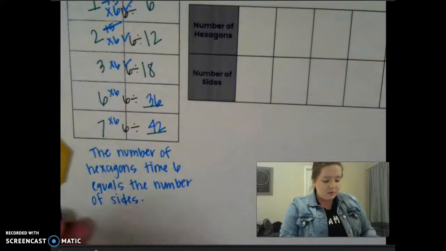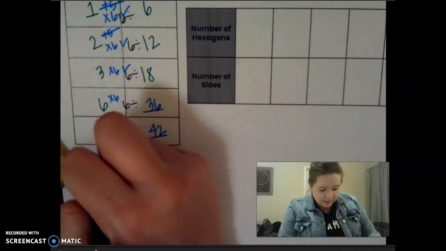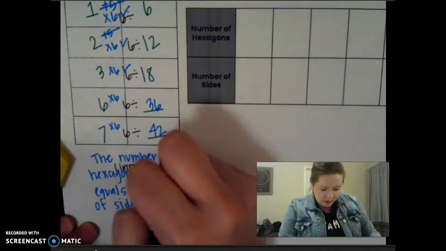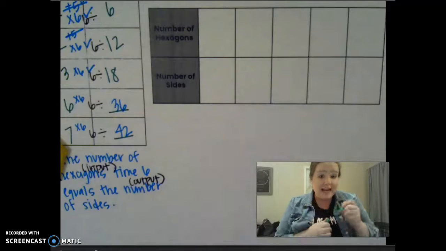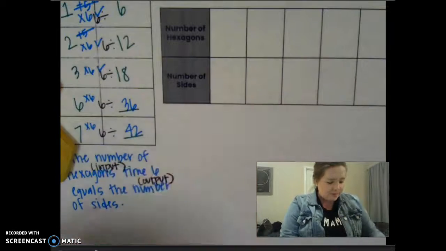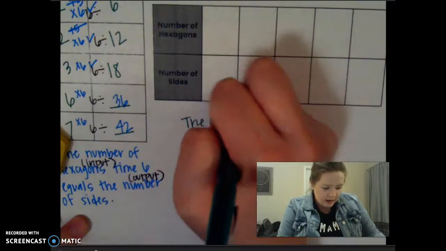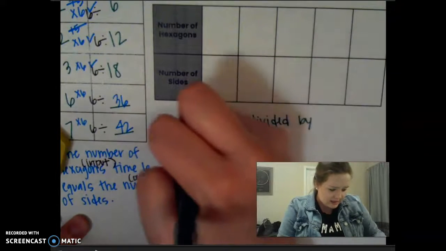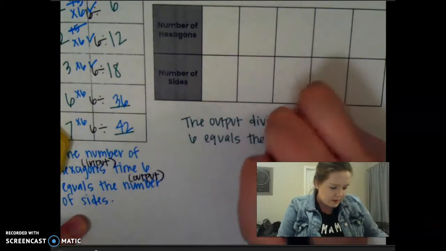Okay? So the first way said the number of hexagons times 6, that's the input, equals the output. All right? Now, if I reversed it and I went from output to input, I would say the output divided by 6 equals the input.